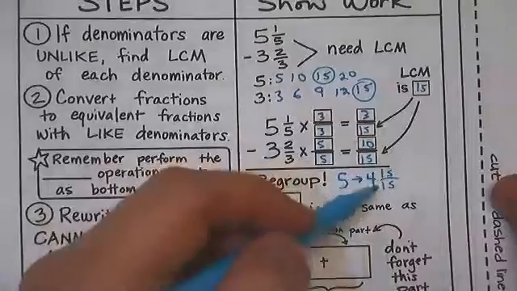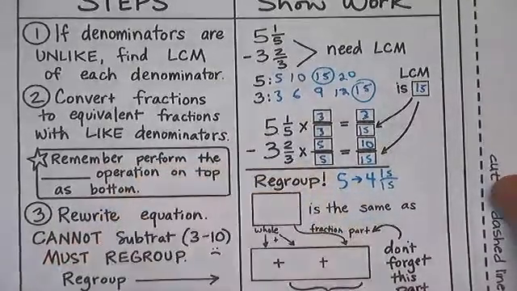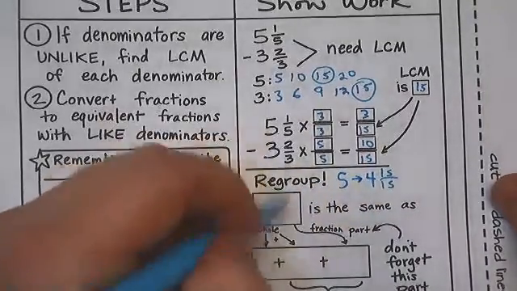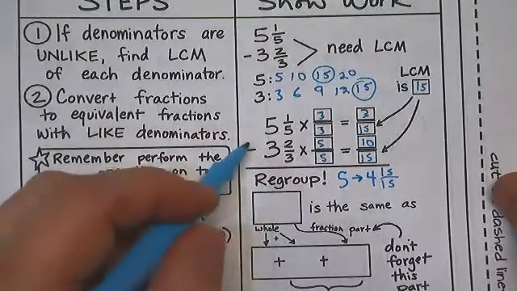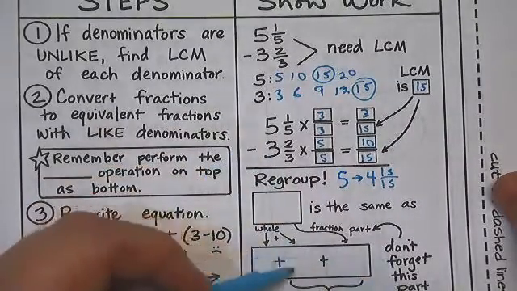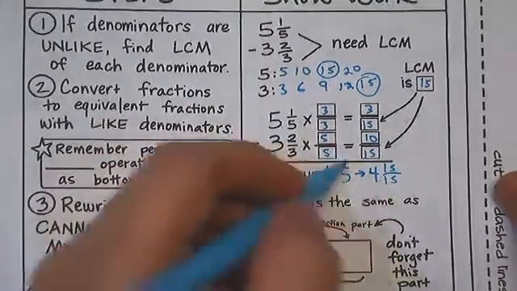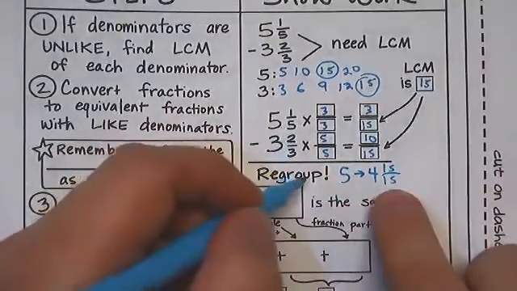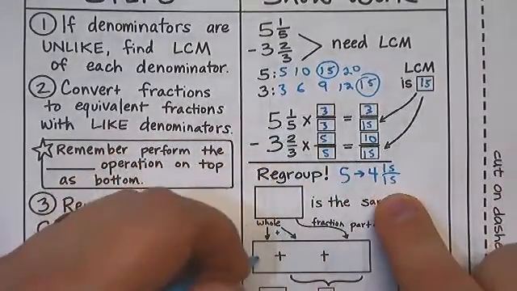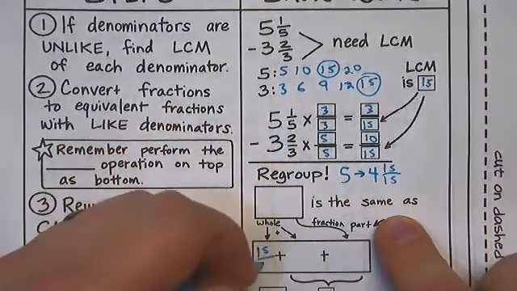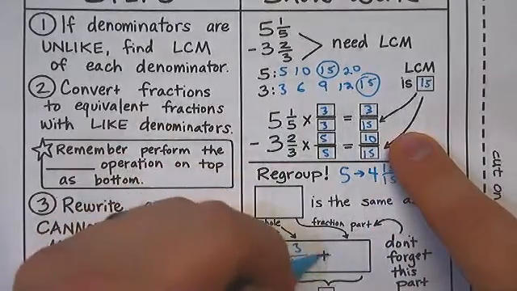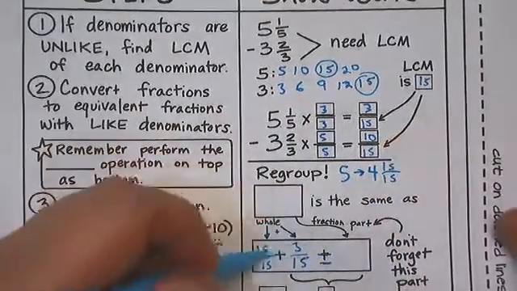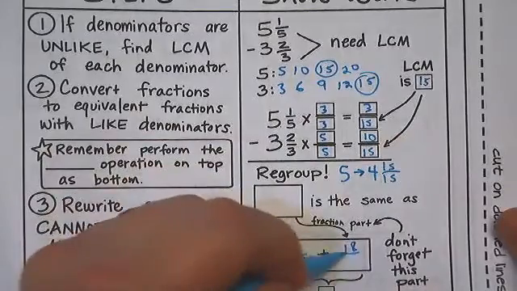Because that's 4 wholes and then another whole. So that is 4 and 15/15ths. So it was 15/15ths plus my 3/15ths. I'm going to put an equal sign here. And that's 15, 16, 17, 18. That's 18/15ths.